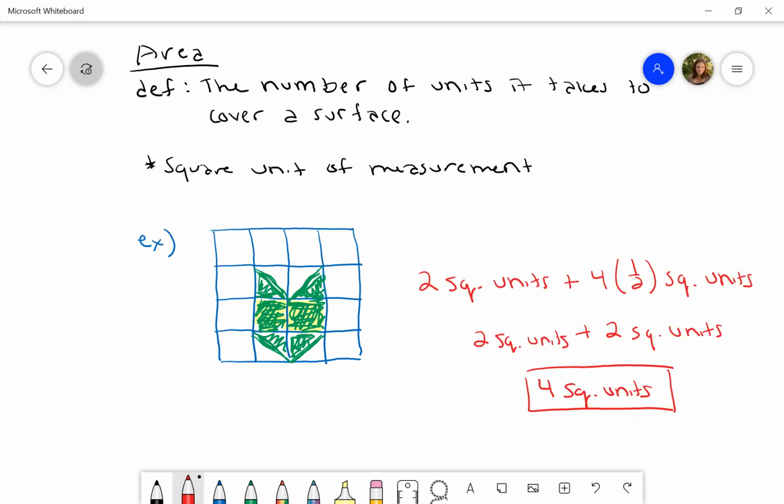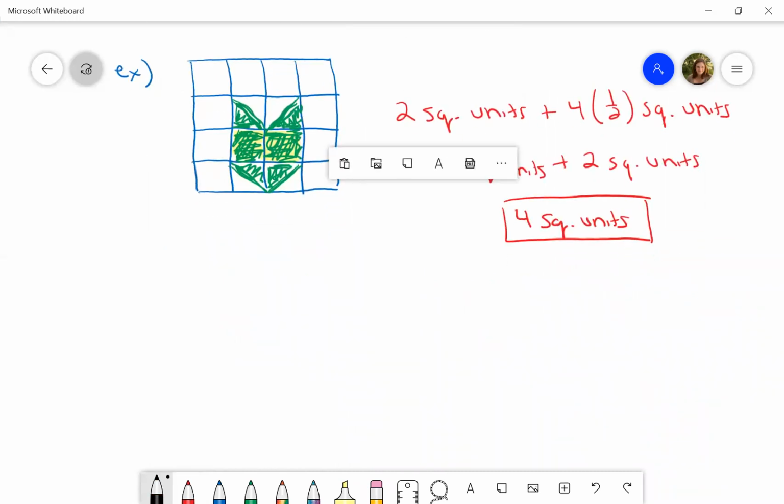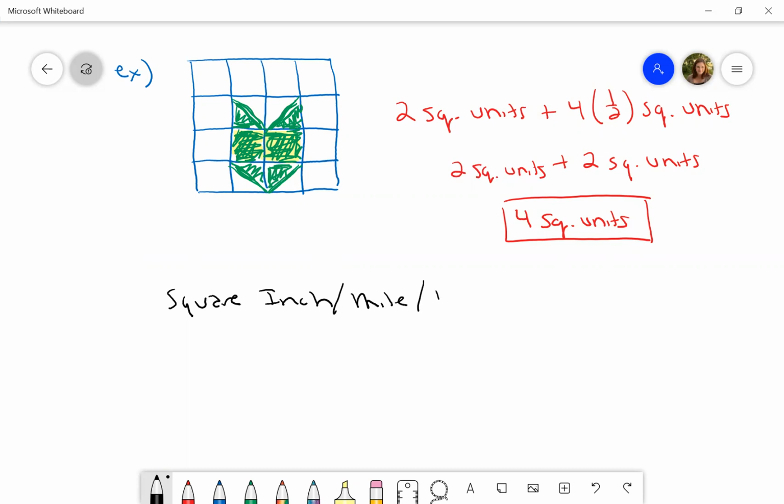So we typically use square units in our basic measurement, which would be like a square inch or a square mile or square foot. Those are the typical units that we use here in America.